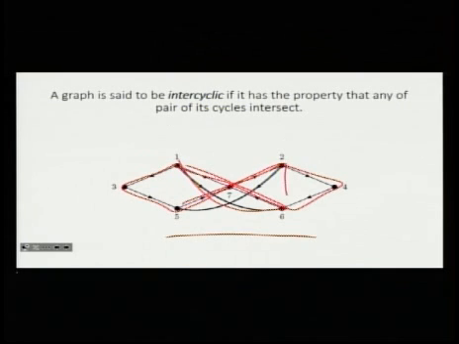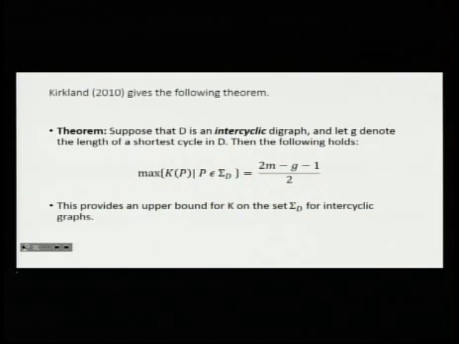But you may notice that all cycles go through the vertex 7, so this figure would be intercyclic. Kirkland found a bound for the Kemeny constant for intercyclic graphs, and, no surprise, this bound was related to the shortest cycle in D. This was an upper bound for the Kemeny constant for these special types of graphs.